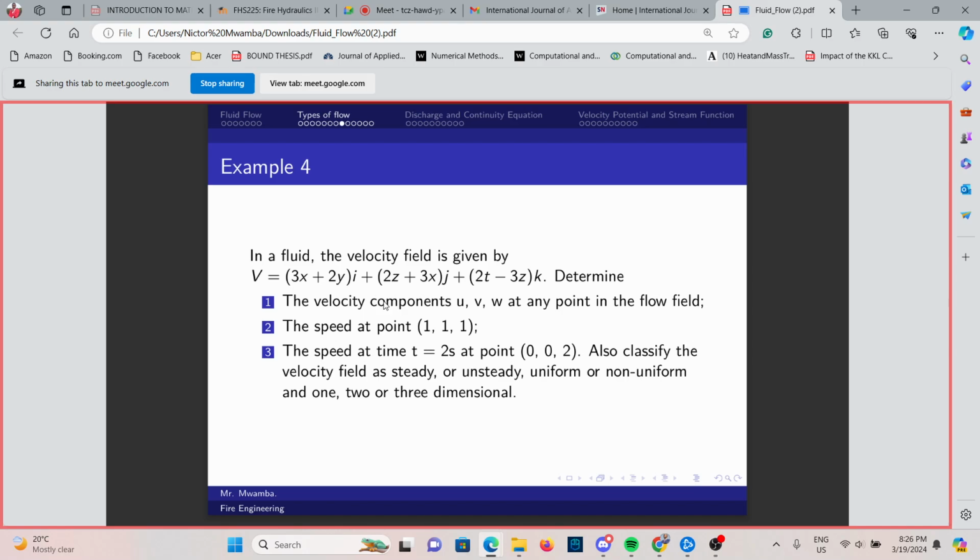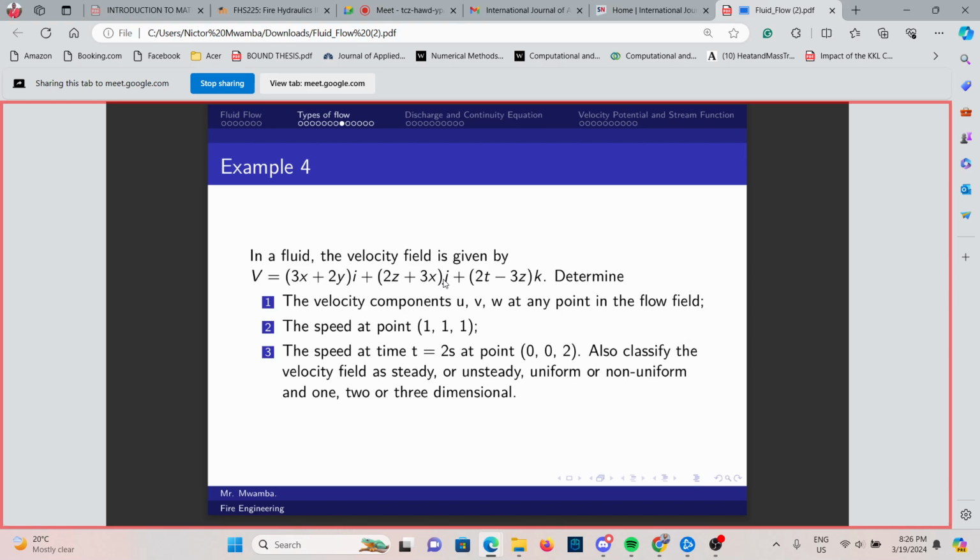Yeah, so the i, j, and k show you the direction, whether it is along the x, y, and z. So i generally stands for whatever is happening along the x direction. In this case, we're talking about the velocity field, so the velocity along the x direction.